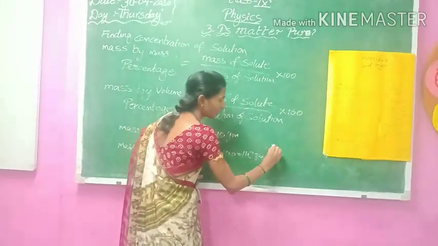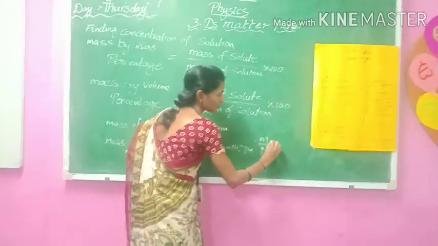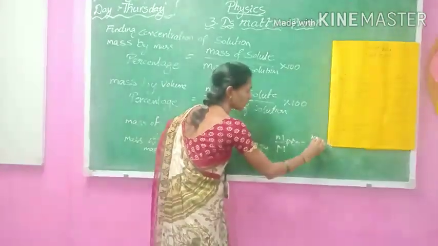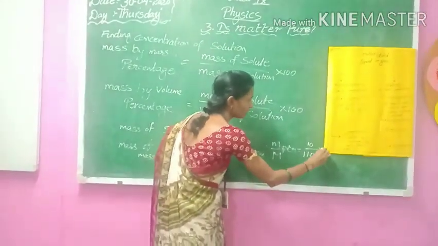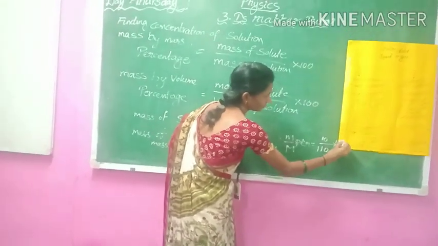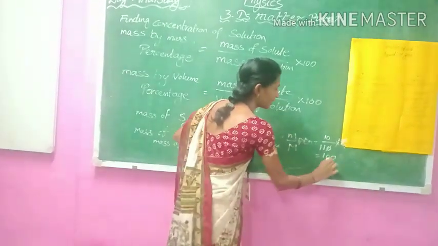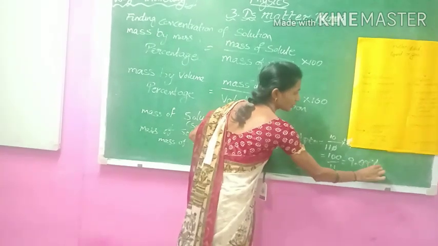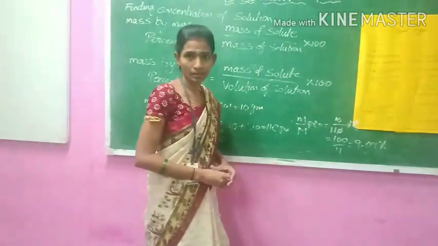So the mass by mass percentage is 10 by 110 into 100. The zeros cancel and we get 100 by 11, which is equal to 9.09 percent.